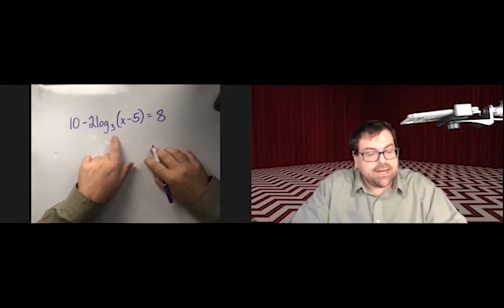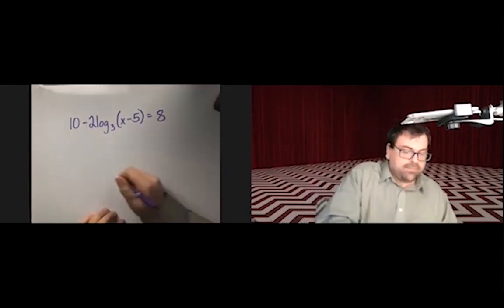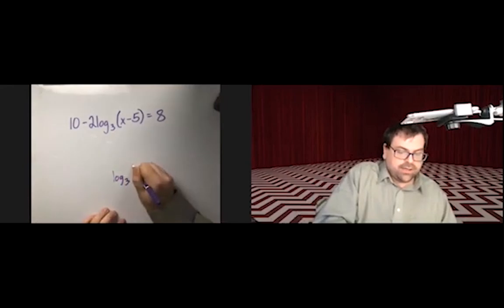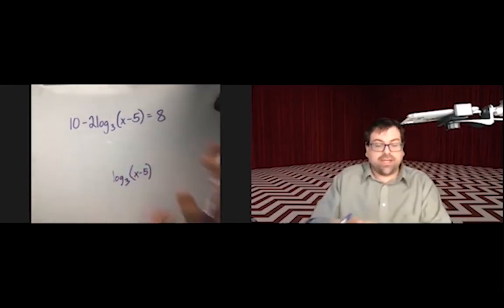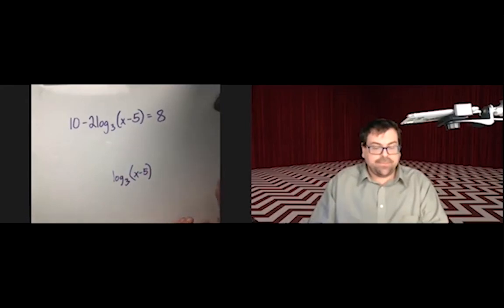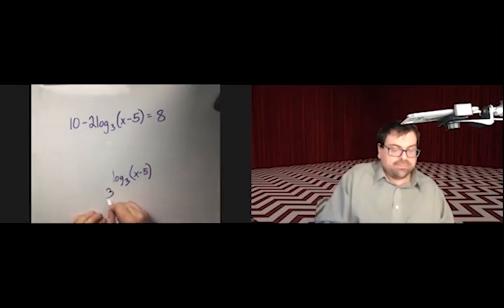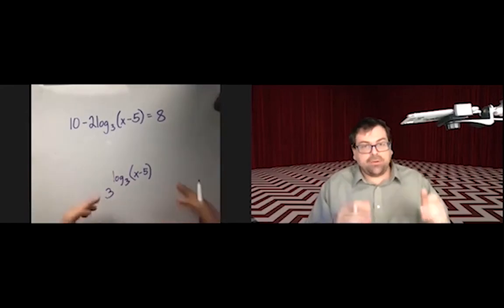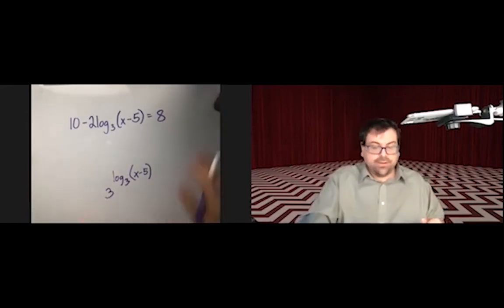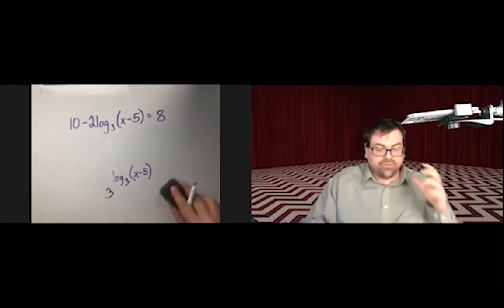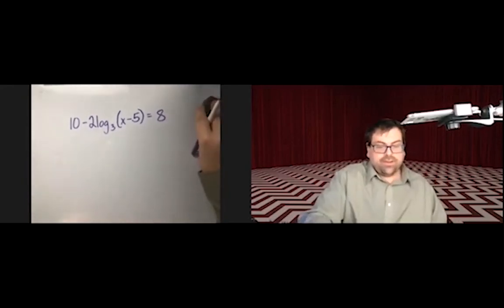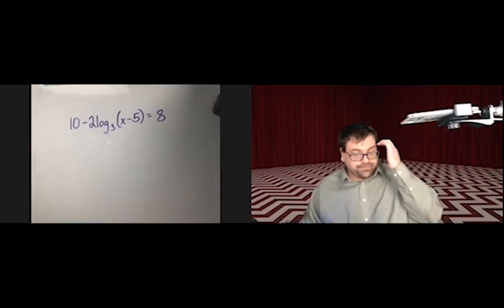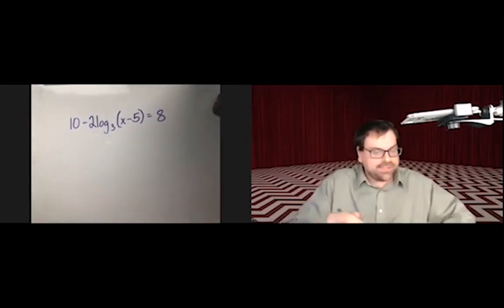And since it's inside a base 3 logarithm, we want to end up getting log base 3 of x minus 5 by itself, with everything else on the other side. And then we're going to raise both sides as powers of 3. That'll get rid of the log. That'll free up our x. You'll see, I promise.